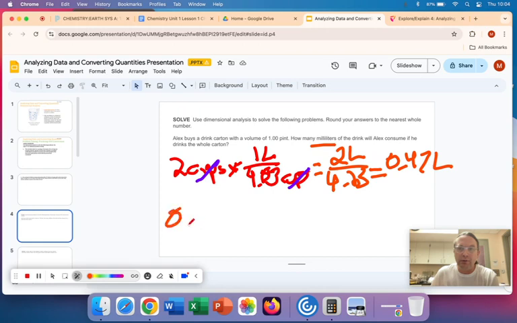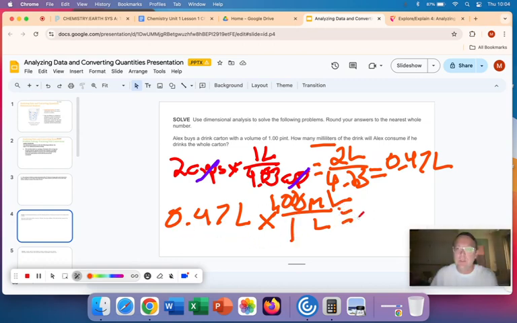So 0.47 liters times the ratio of liters to milliliters. There are 1,000 milliliters in 1 liter. So we multiply by 1,000.